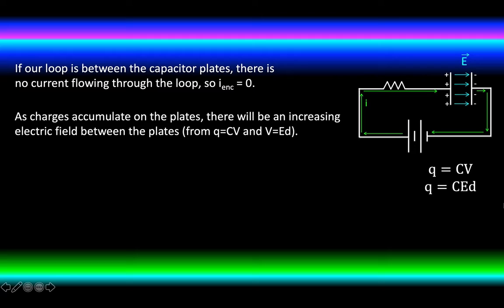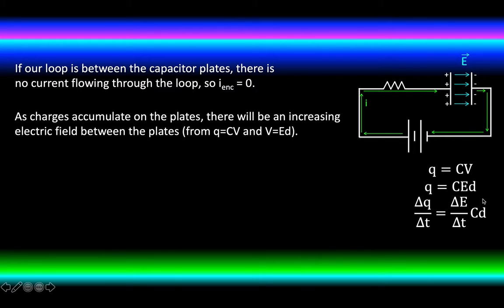Now from here, I could write Q is equal to C times V. So voltage is E times D between the plates of a capacitor. From chapter 17, we saw this. And this Q is growing with time. Originally, the plates of the capacitor have no charge on them, but as time moves on, they're getting more and more charge.